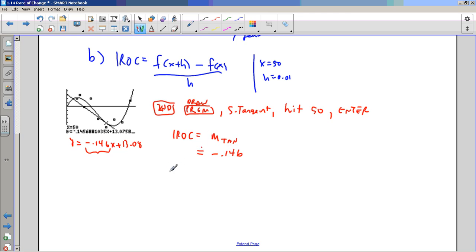That means self-esteem, low self-esteem reporting is decreasing still by about 0.15% per year, and that's for 50-year-olds.